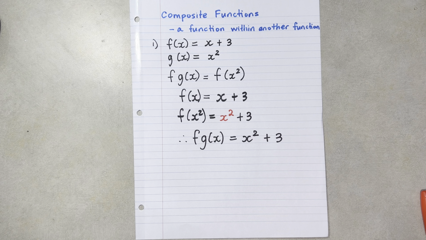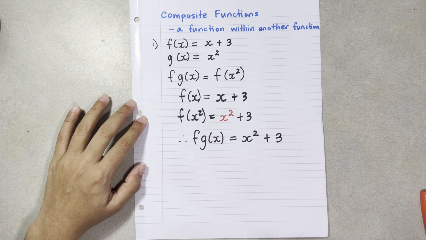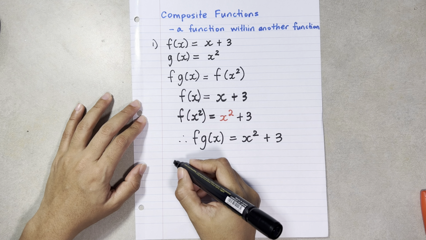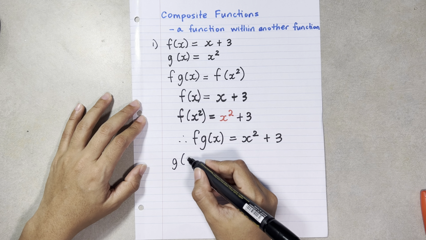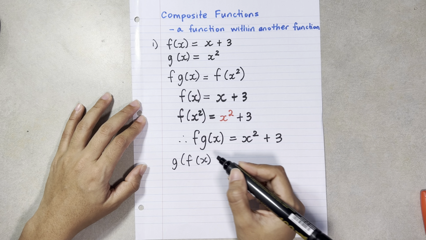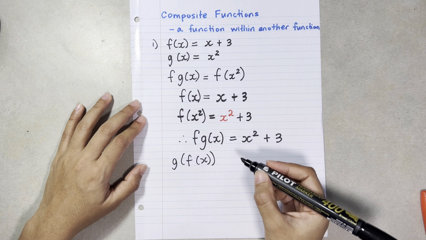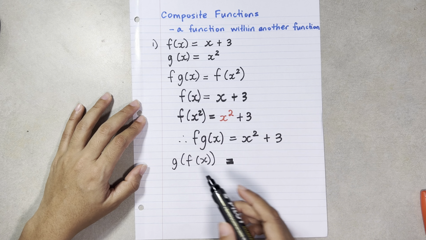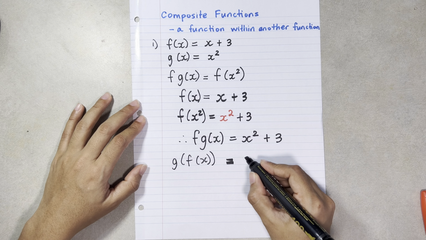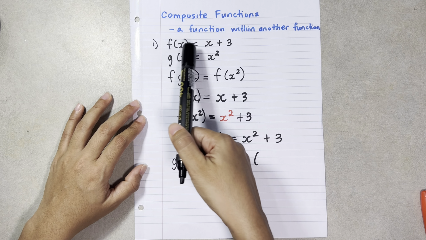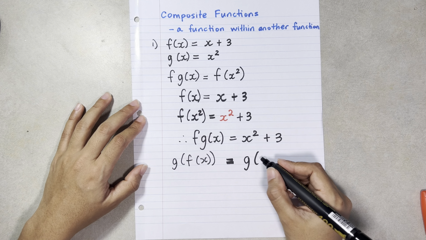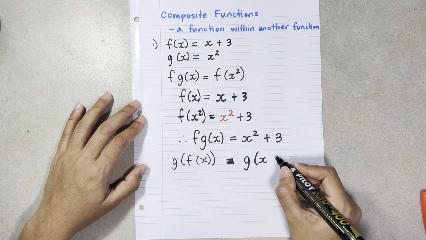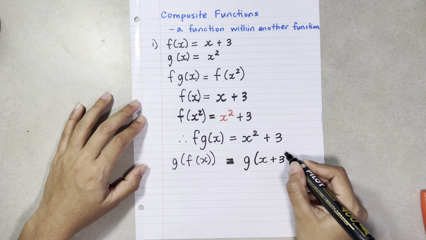In a similar way, I can also find out what is g of f of x, right? So g of f of x is the same as finding out what g of, well, f of x is x plus 3. So g of f of x is the same as finding out what is g of x plus 3.